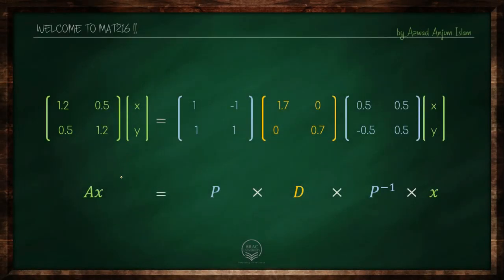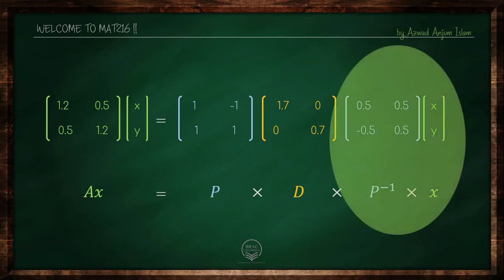So this is our original matrix that we are dealing with. This is any random vector. We can diagonalize this as P D P inverse, and this part right here is converting the standard coordinate system to something with respect to the eigenvectors.